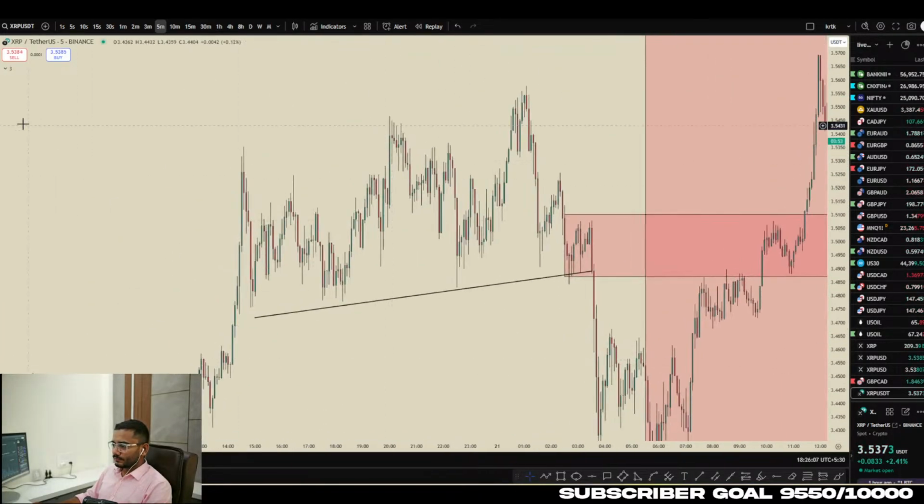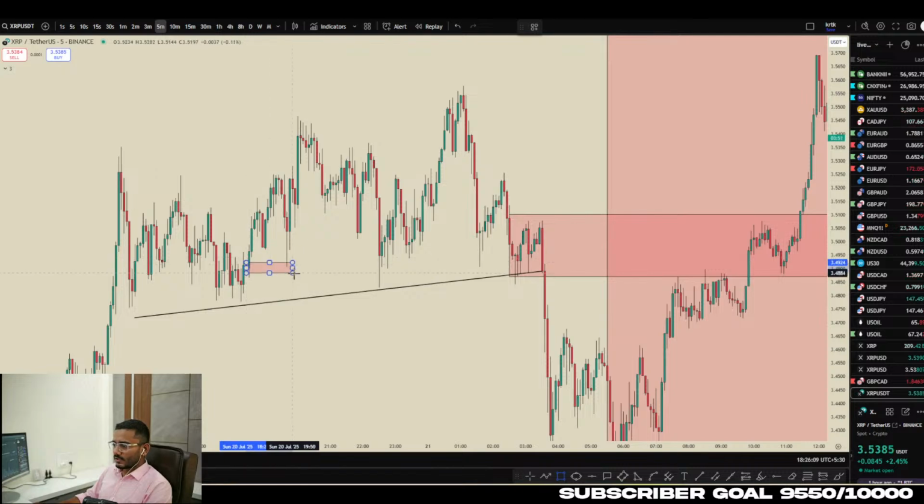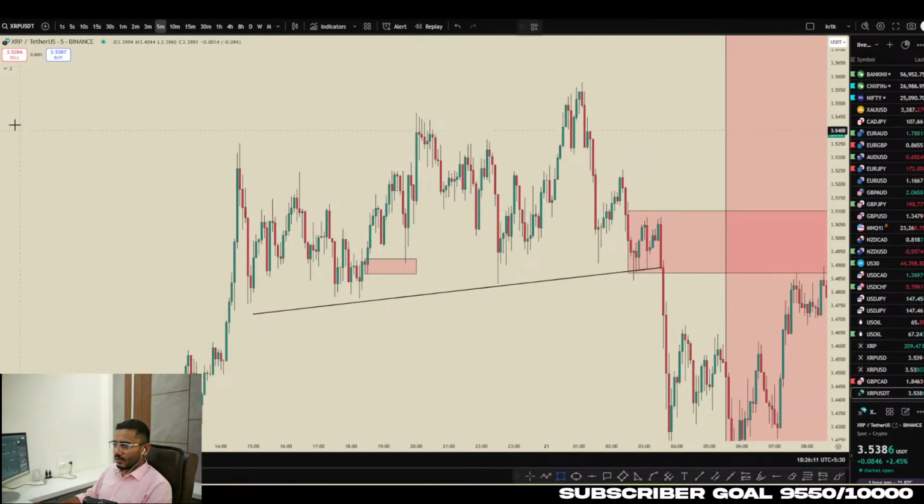For example, if this order block is mitigated, we know that price will create liquidity over here. This will be a trend line liquidity. If the structure above this liquidity is mitigated, then price will eventually sweep out all these lows.